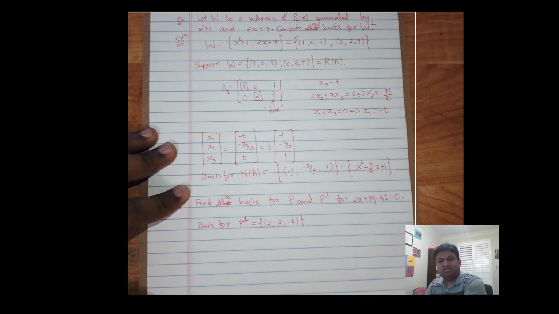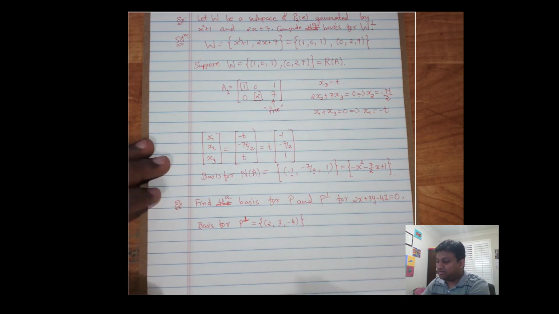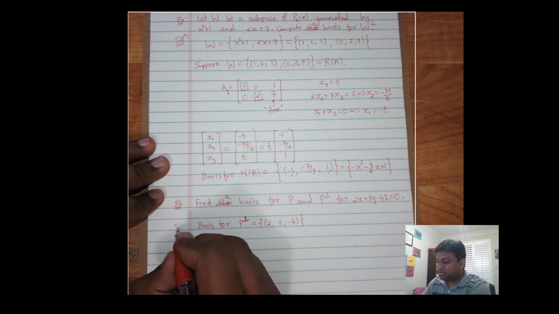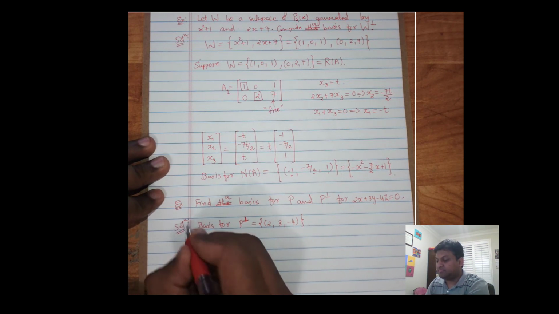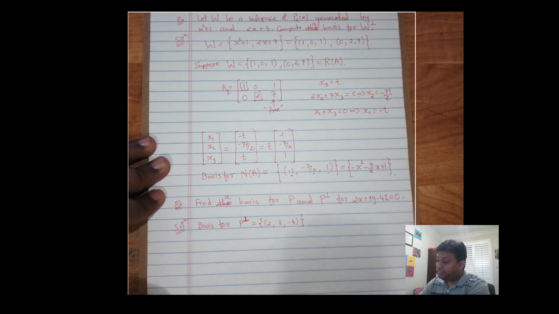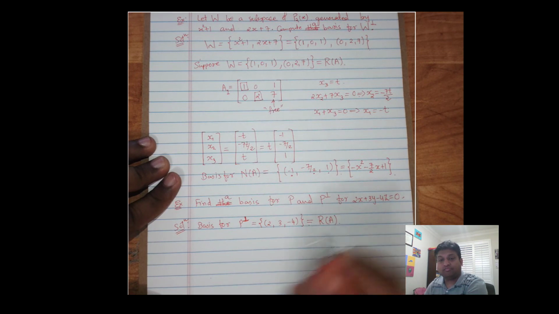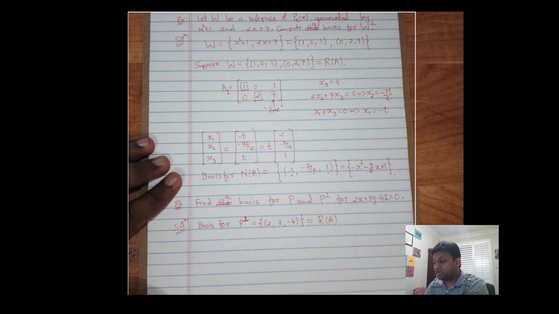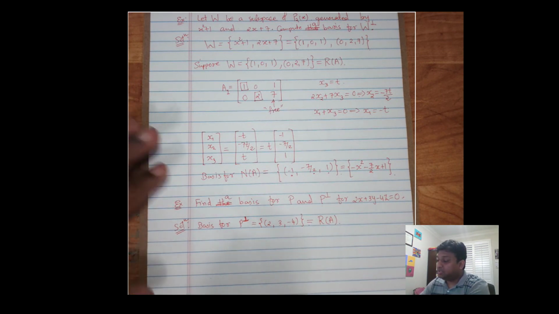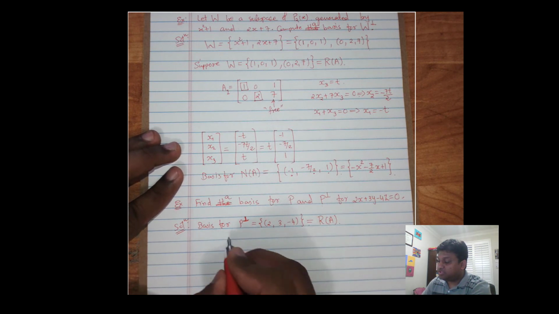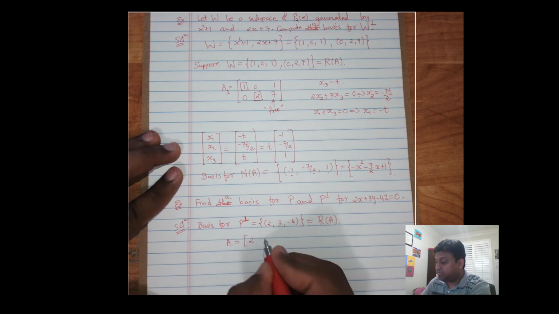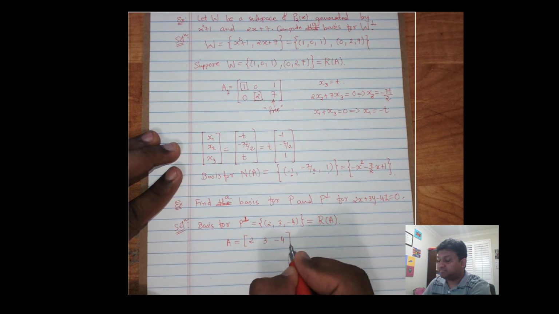This was done already earlier. So here is the solution. I assume that this is the same as the basis for the row space of A. My goal is to produce a matrix A and compute its null space.